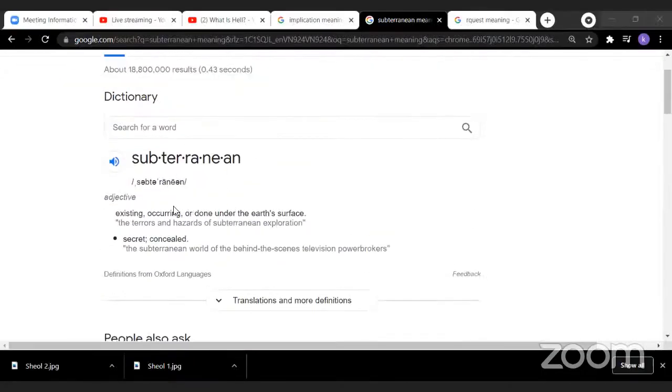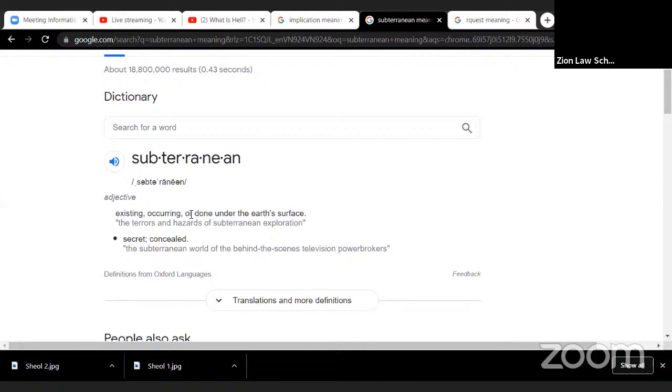Let's look it up. I know Hades. It might be. We'll look it up. Subterranean: existing, occurring, or done under the earth's surface. This is an adjective, and the next definition is secret, concealed.